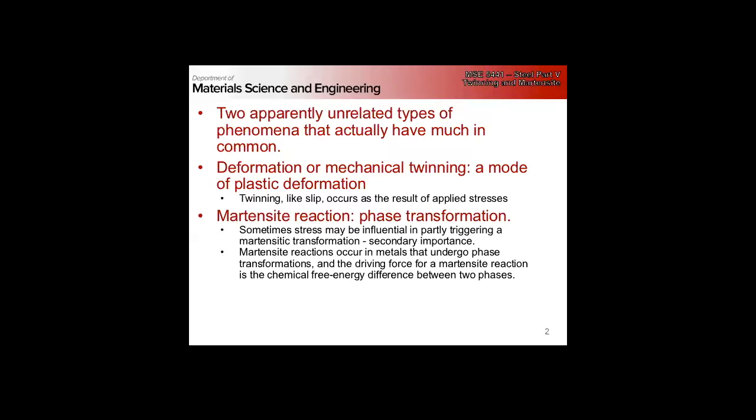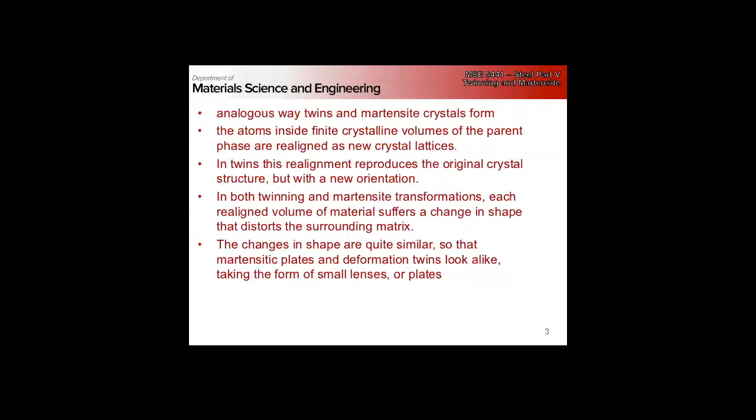And so it doesn't necessarily, at first glance, seem that they should be related at all, other than the fact that the mechanism of their occurrence and the driving forces are actually quite similar.